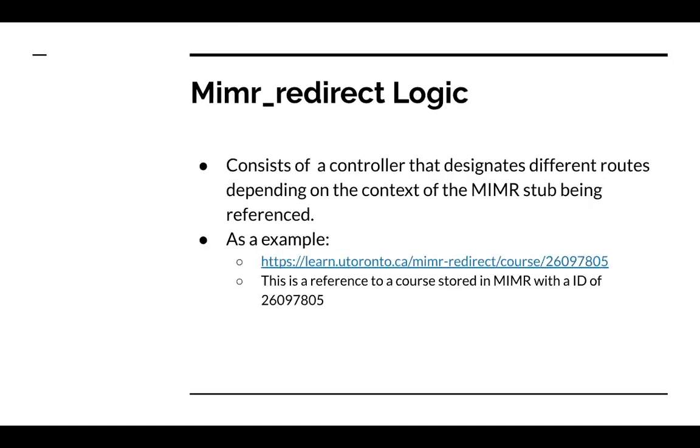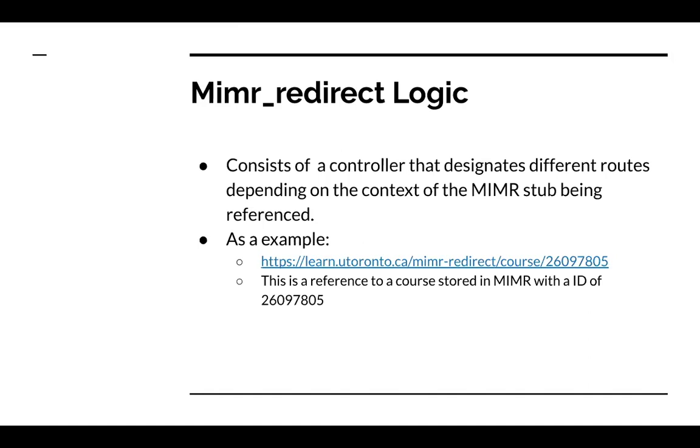Just to break it down, its logic is fairly simple. It consists of a controller that designates different routes depending on the context of the MIMR stub being referenced. As an example, here you can see we have a link of MIMR redirect /course/26097805. This is a reference to a course stored in MIMR with an ID of 26097805.